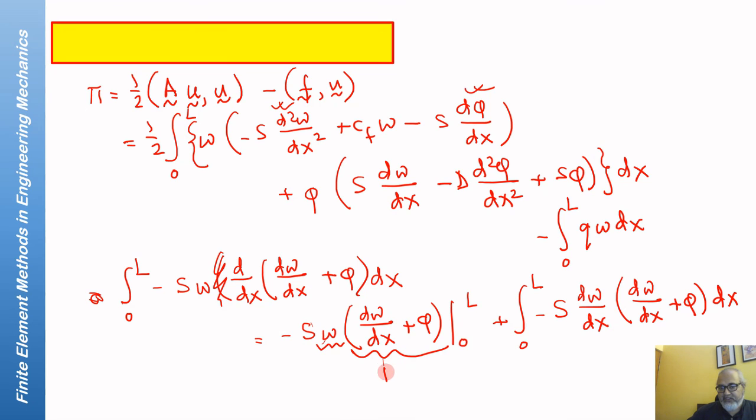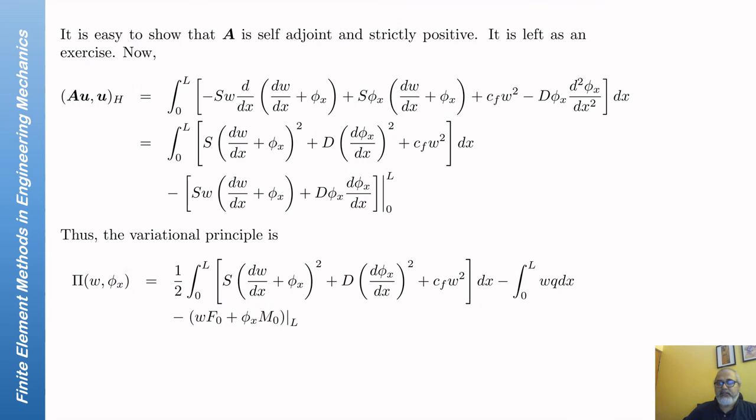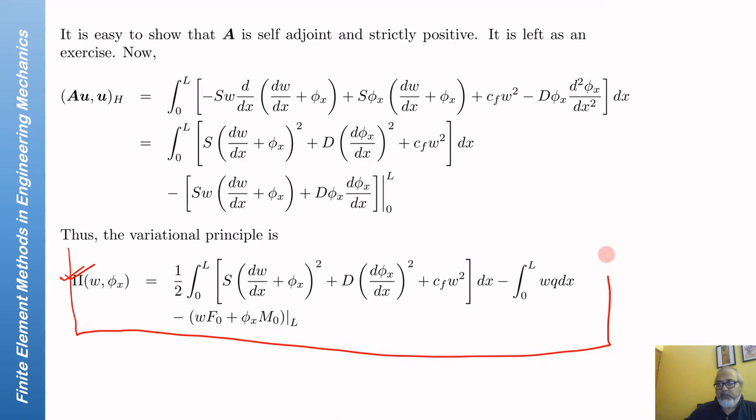If it is specified on this, this is given to be f naught at x equal to L. So at x equal to L, it will be f naught, plus at x equal to 0, this is given as 0, so that would be 0, plus this term would remain. Similarly, you can apply things to this term, and finally you will get the result that this is the variational principle that you will get for this particular problem.